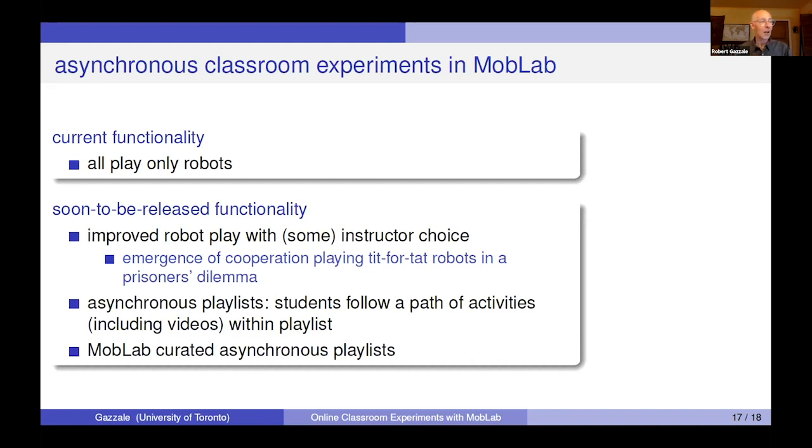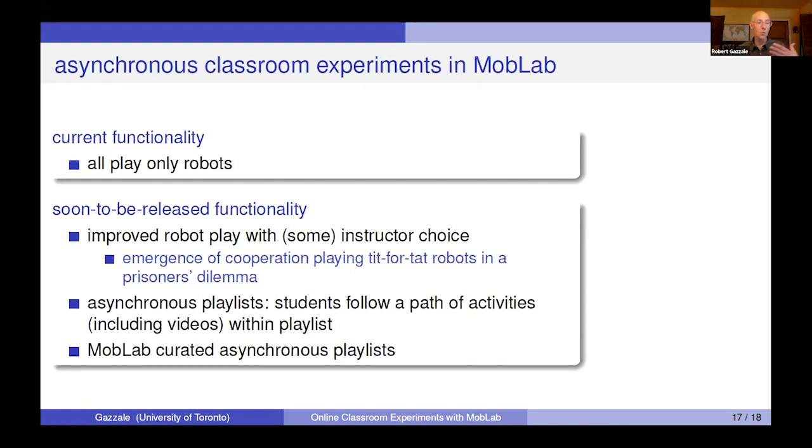The other innovation is what are called async playlists. What an async playlist will enable instructors to do is literally set up a string of activities in a playlist, and students access this playlist at their leisure, but follow the activity structure that the instructor sets.